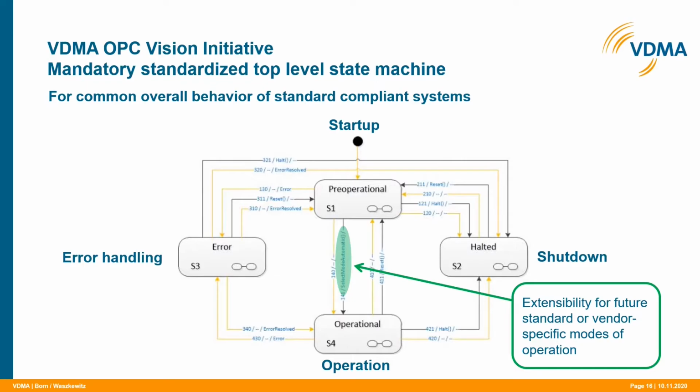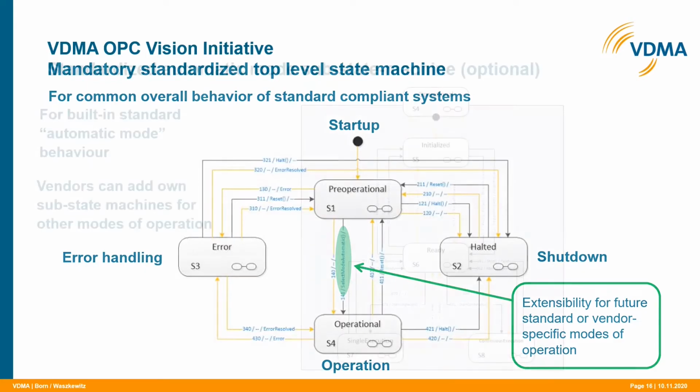This is the point where future extensions to the standard or vendor-specific extensions would come into play. Currently, there is a select mode automatic method which leads into the optional but standardized vision automatic mode state machine. By defining other substate machines with specific entry methods, vendors can add proprietary operating modes.